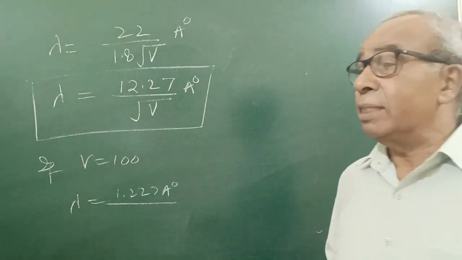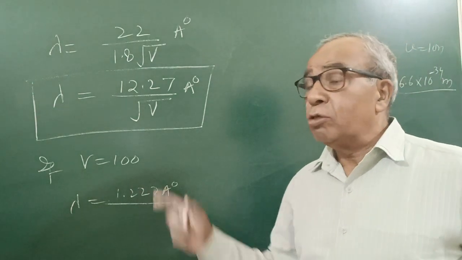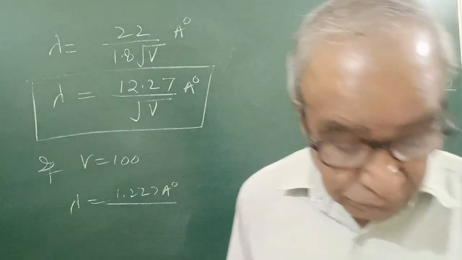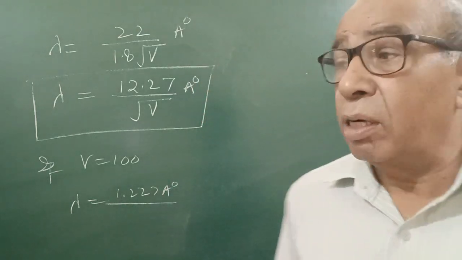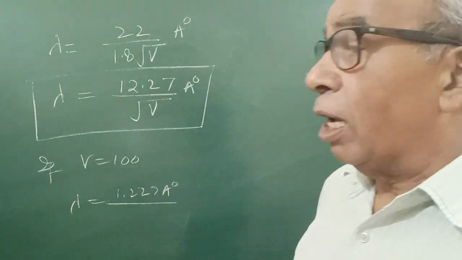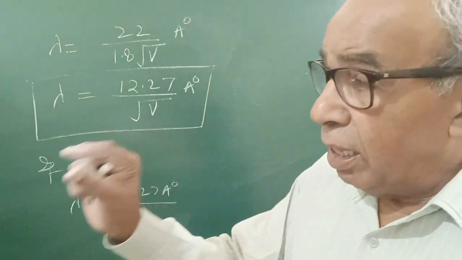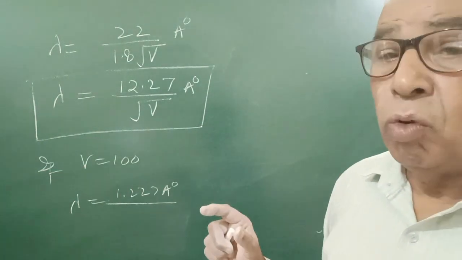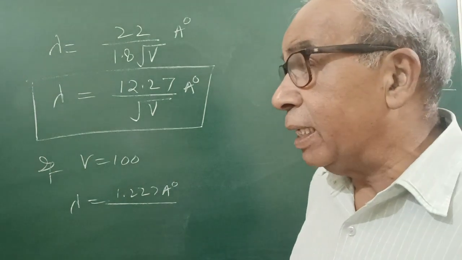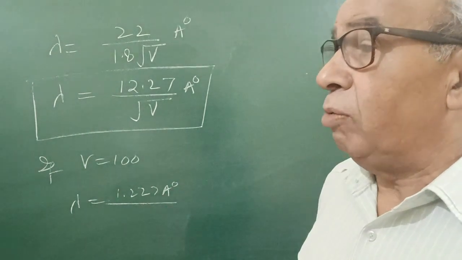And these wavelengths associated with the electron were verified by Davisson and Germer, and Rutherford also, practically. And in the last video I told you that the electron microscope is a practical application of de Broglie wave.